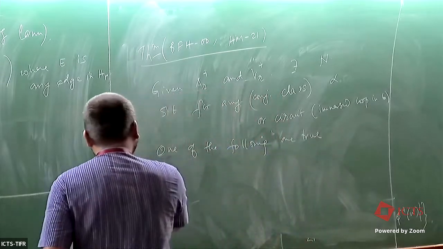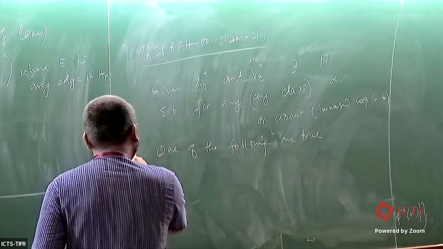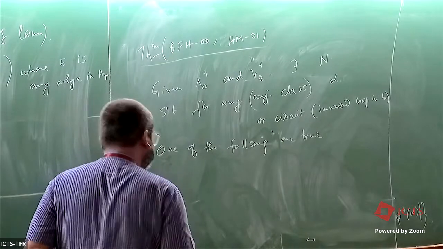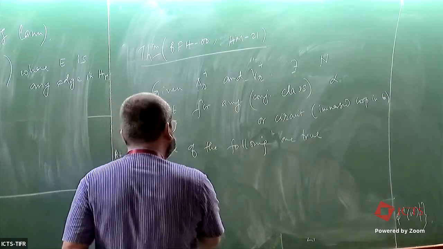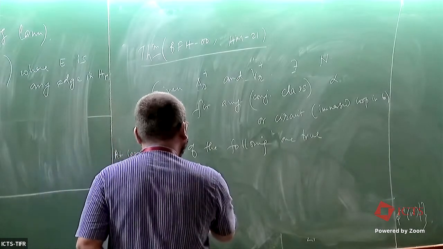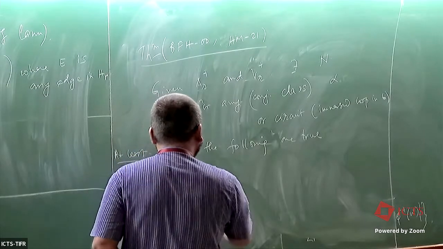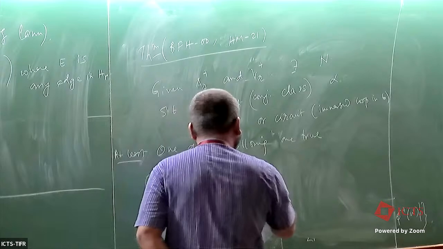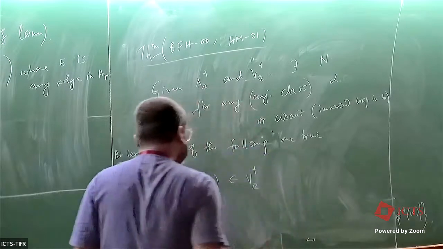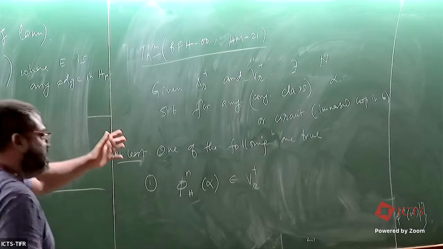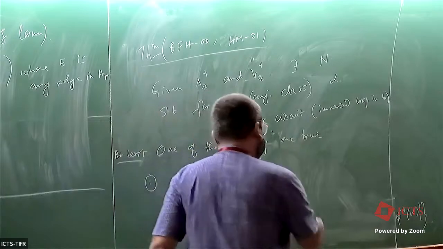At least one. Let me write it there. One is that phi to the power... so you take this, it gets attracted to this lamination. Right?